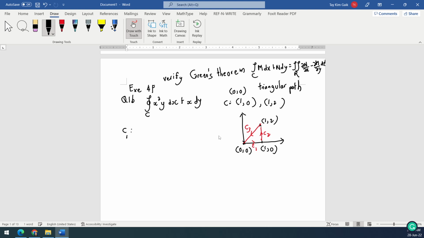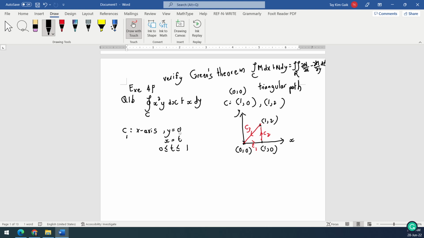C1 is on the x-axis, so y equals 0. Let x equal t, where x is from 0 to 1, so t from 0 to 1.